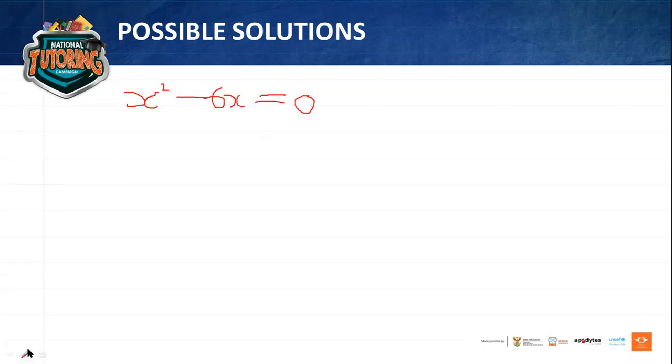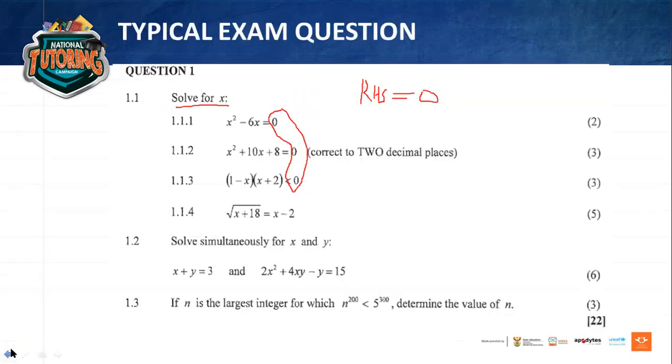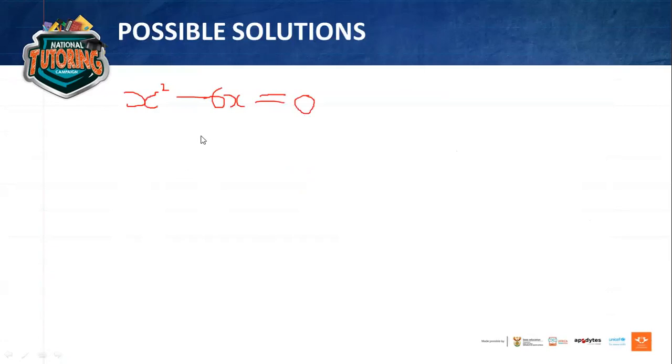Let's just confirm that we copied it correctly. Yes, x squared minus 6x is equal to 0. So now we take out the common factor. What is common in both? You can see there's x this side and there's x on the other side. Then we take out x as a common factor.